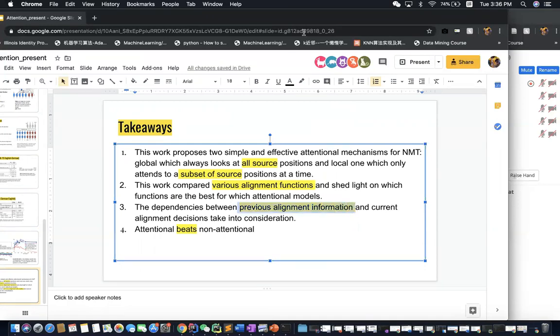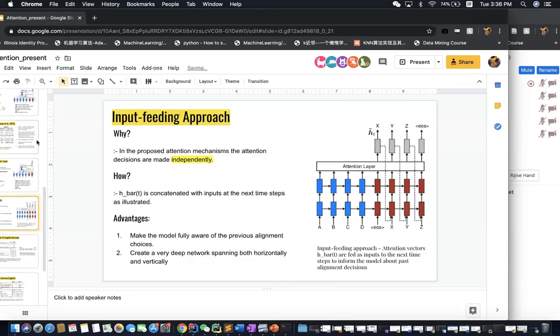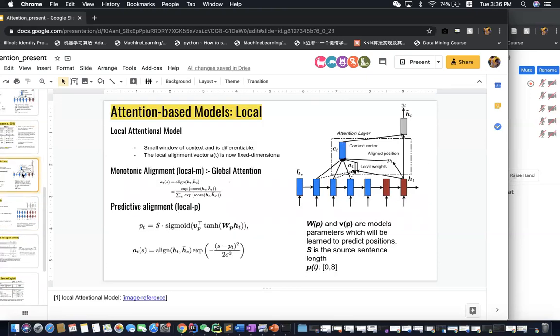I have a question about the local attention. You said about the position part. Position can be a fixed position, a fixed window used for local attention, and you said it can also be a predicted one. But we don't have a ground truth for it. Do you mean how to set up the window size?